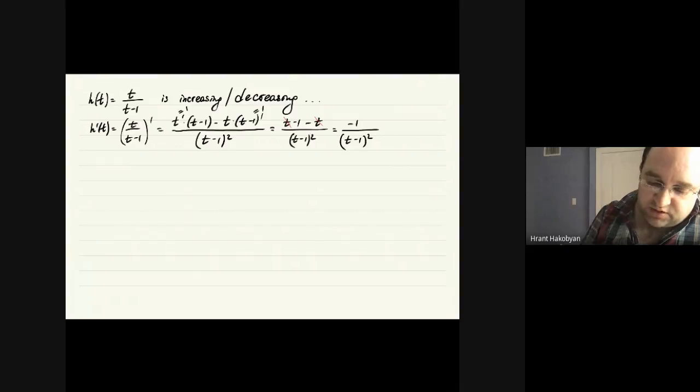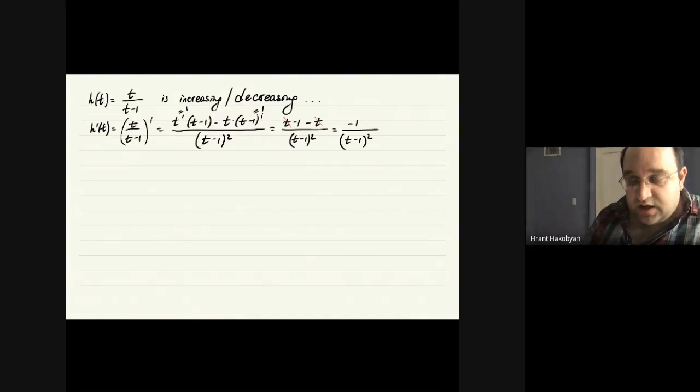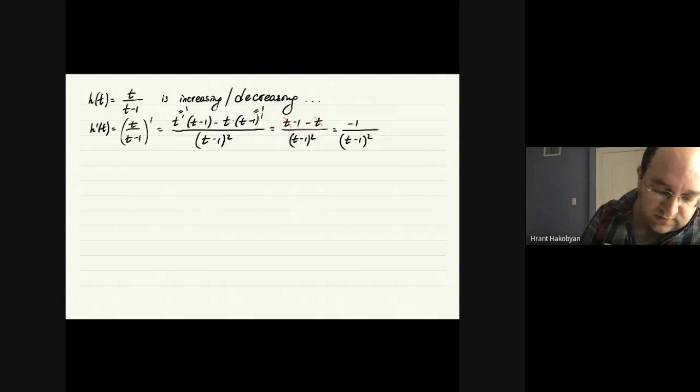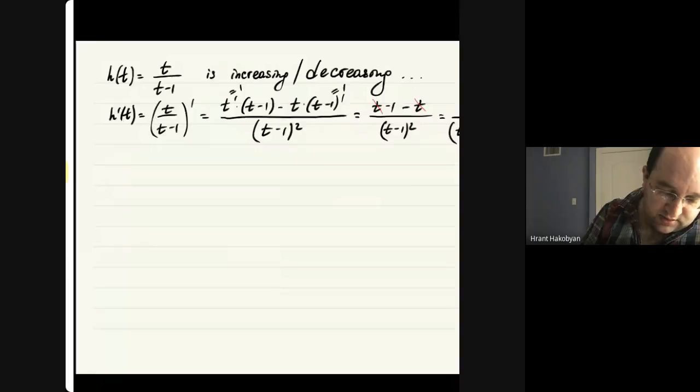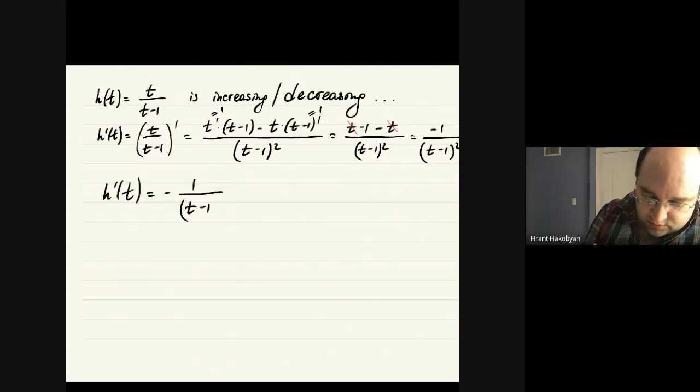So what does that mean? What can I say about the sign of this? Is this positive, negative? Let me write it again: h prime of t is equal to negative 1 over t minus 1 squared.